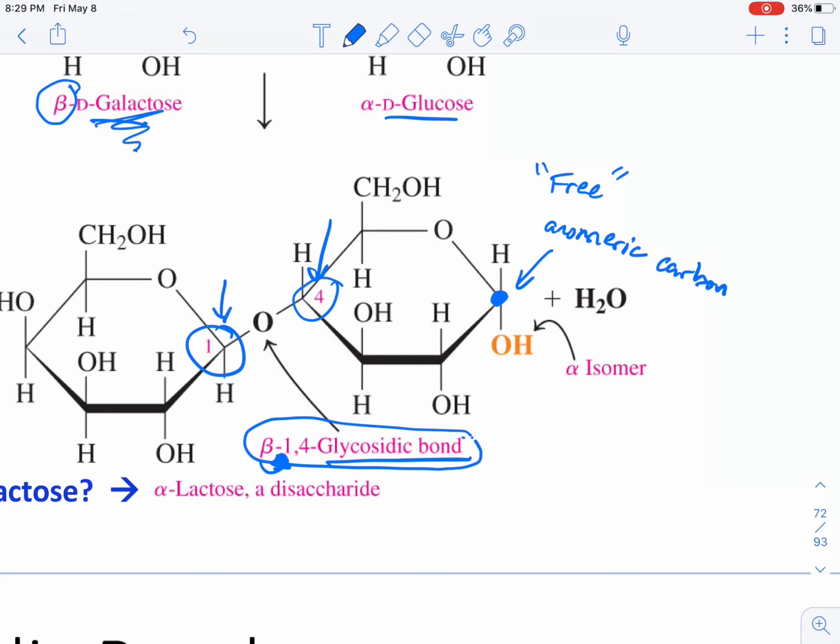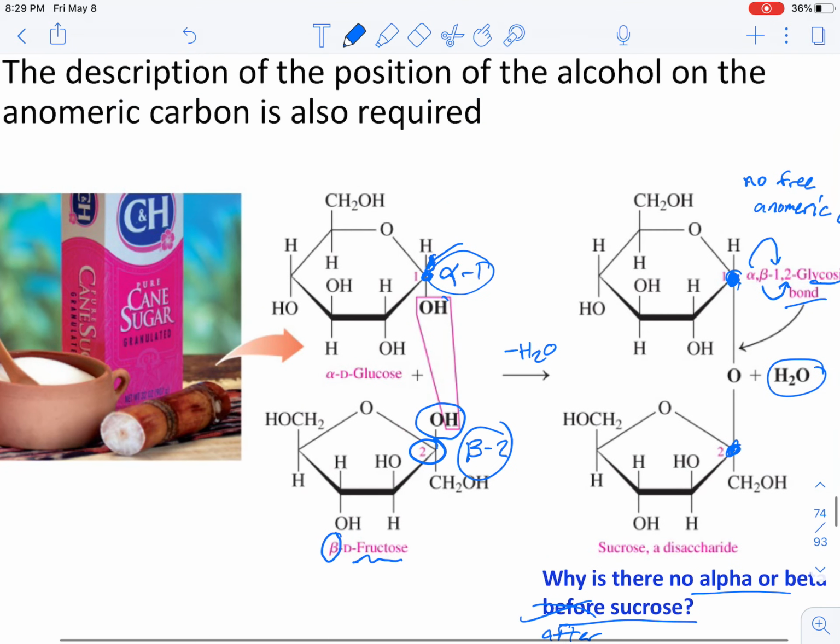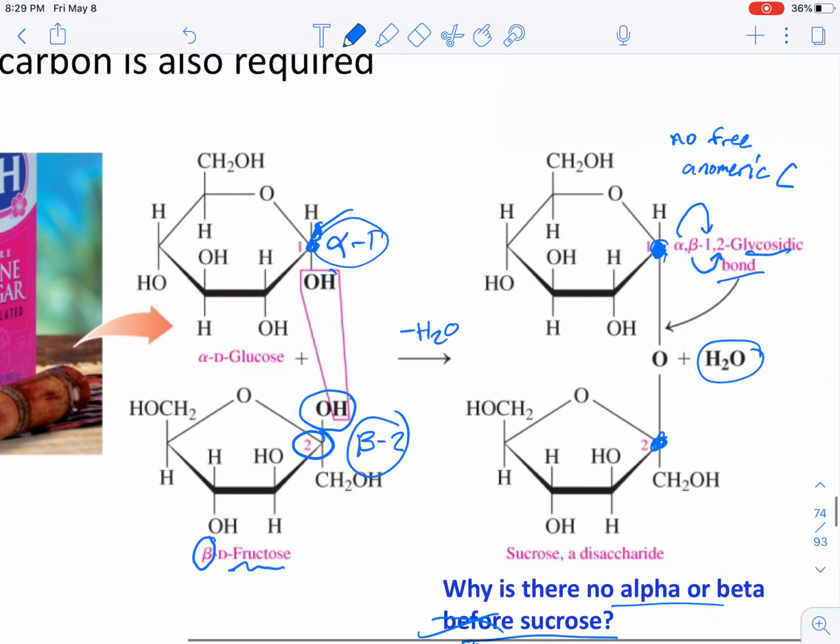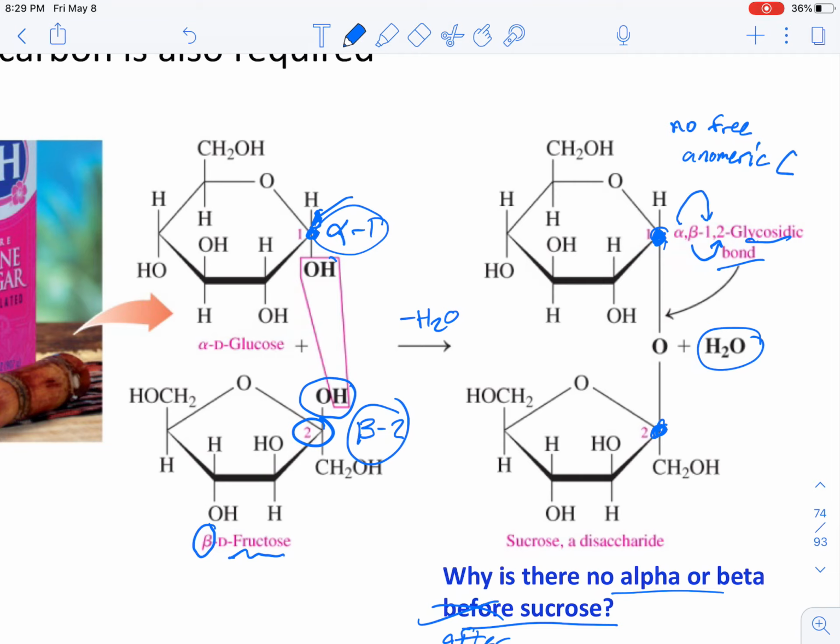Unfortunately, for sucrose, since both anomeric carbons are being used to form the glycosidic bond, sucrose can never form a chain of sugar molecules. So it can only stay as a disaccharide, right?